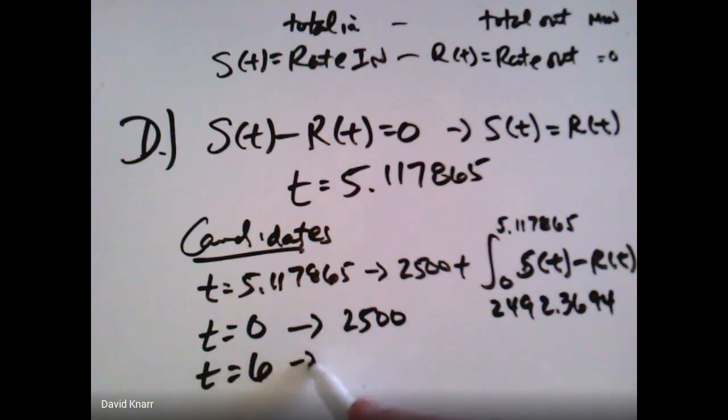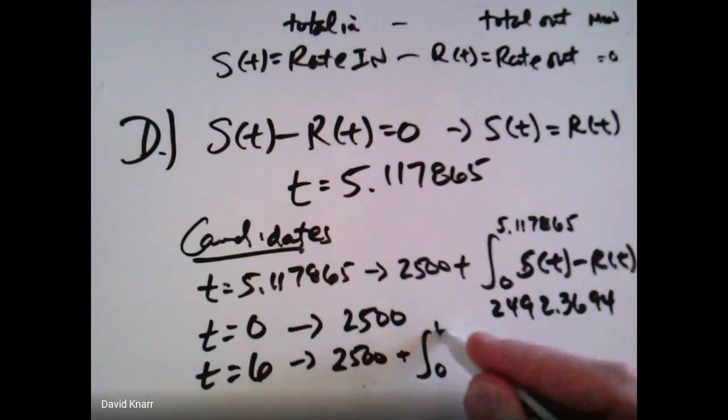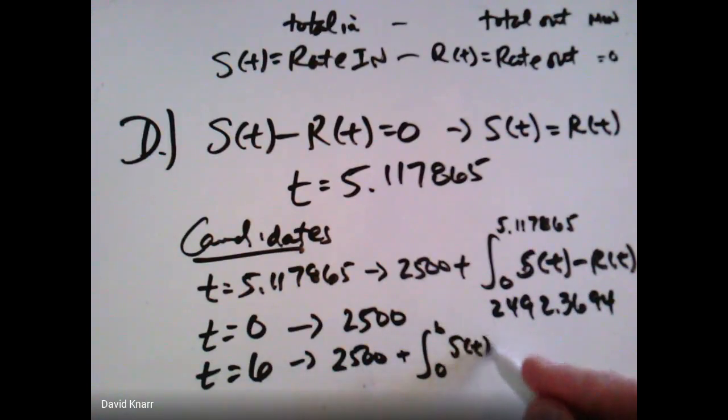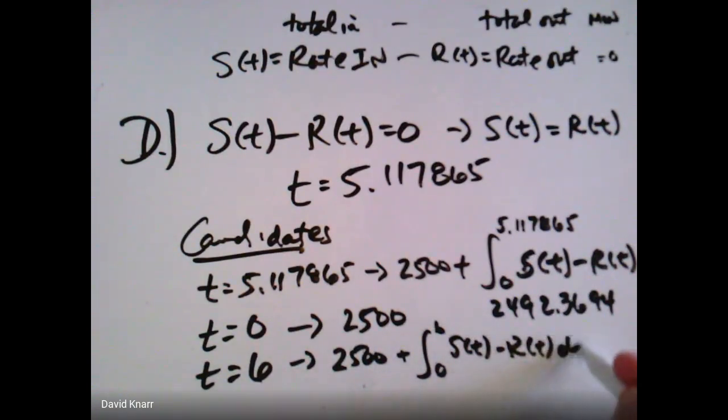And at t equals 6, I'd have to do 2,500 plus the integral from 0 to 6 of S of t minus R of t dt. And if I do that properly, I'll end up with 2493.2766.